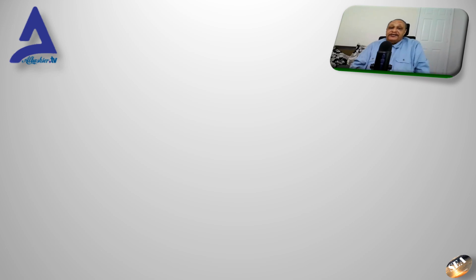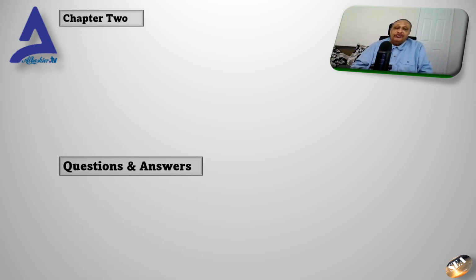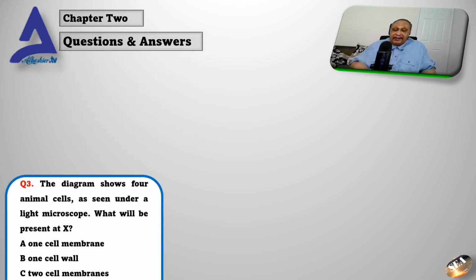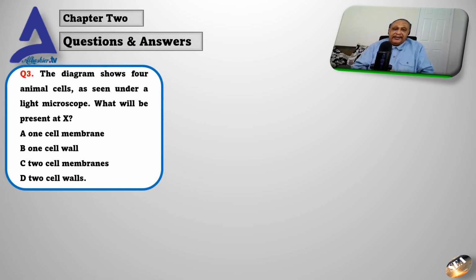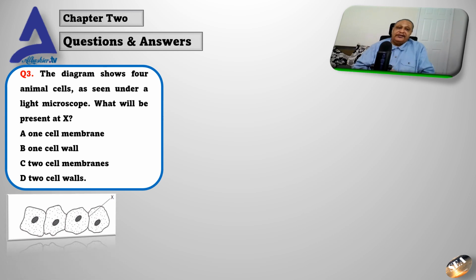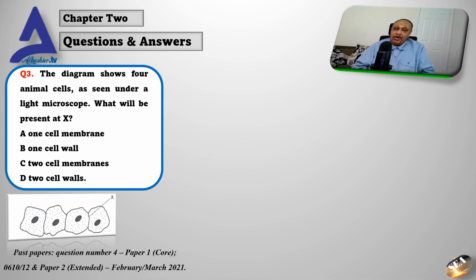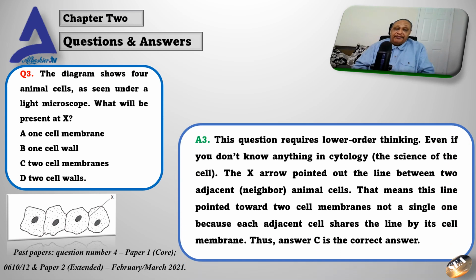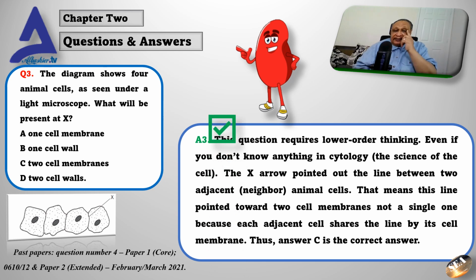Now here, question 3 is about another diagram, and you also have to take care of this when a diagram is part of your question. This question is also a part of past paper 1 and also 2 in February 2021.